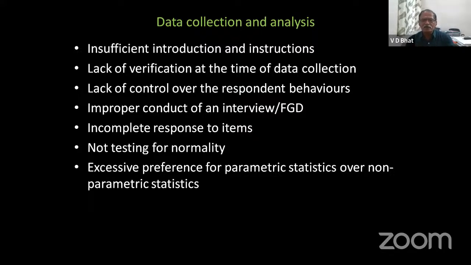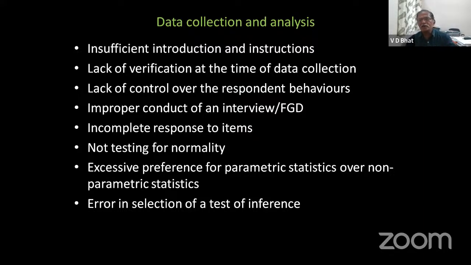I'm only concerned with parametric statistics, not the non-parametric. That should not happen. Error in selection of test of inference. Where the t-test is appropriate, I have conducted the z-test. Where the z-test is appropriate, I have conducted the chi-square test. So these kinds of errors must be avoided, and nowadays people go to statisticians.